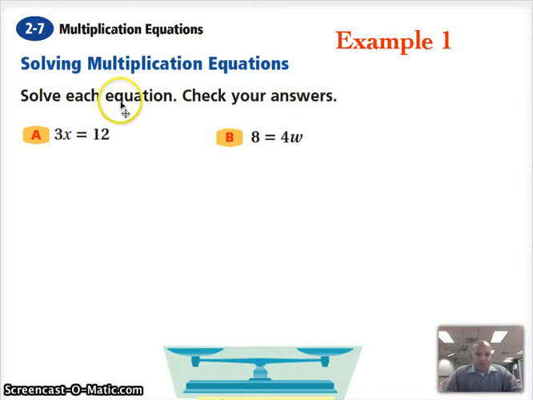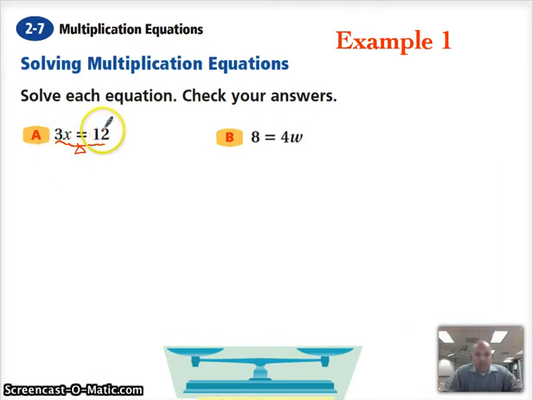It asks us to solve each equation and then check your answers. First problem we have is 3x equals 12. Now, like the addition and subtraction problems, we're going to go ahead and draw a scale right underneath there to indicate that an equation is really a balancing act.